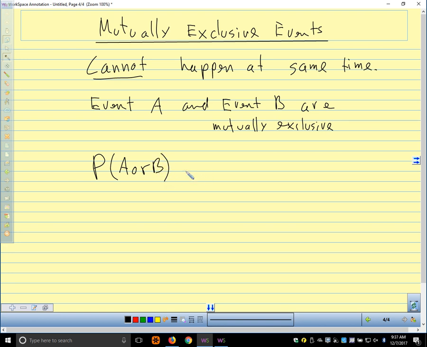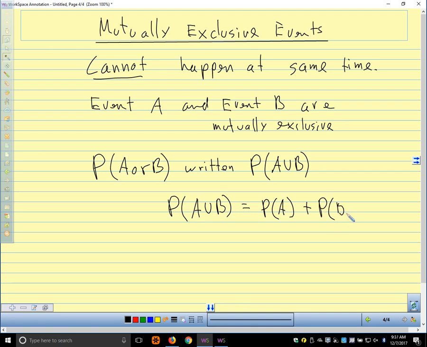And this is written, I think it's fine to write probability of A or B. If we use mathematical symbols, the way that you'll see it written is the probability of A union B. For mutually exclusive events, the probability of A union B is the probability of A plus the probability of B. We just add the two probabilities together.